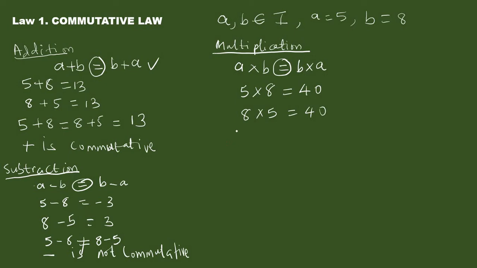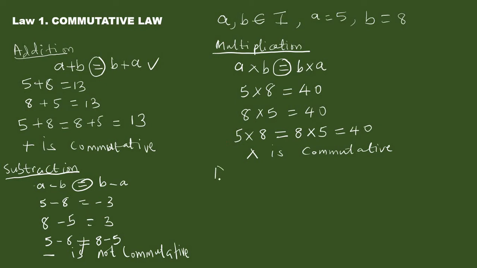So 5 times 8 is the same as 8 times 5, both give us 40. Hence, multiplication is commutative.